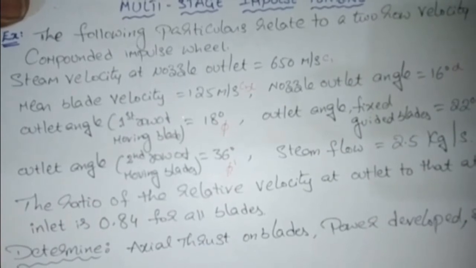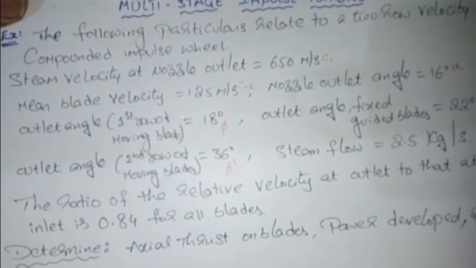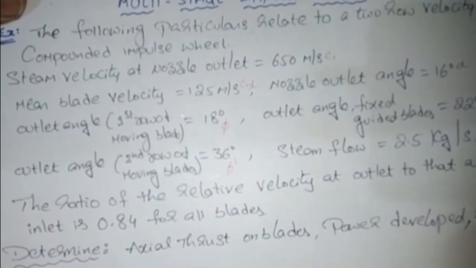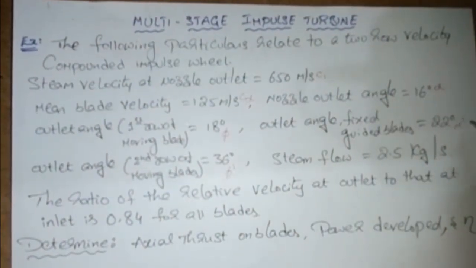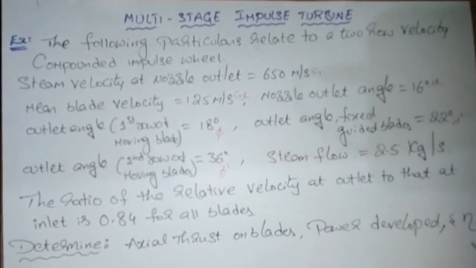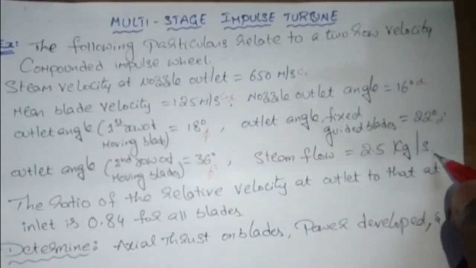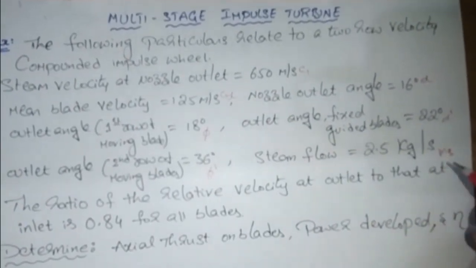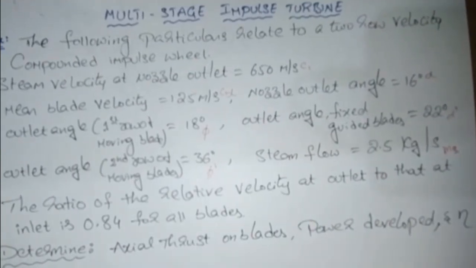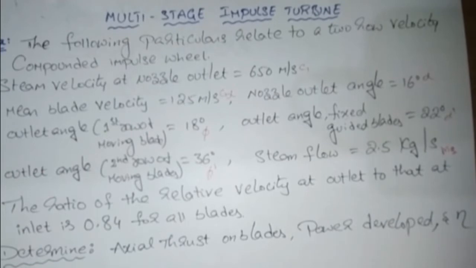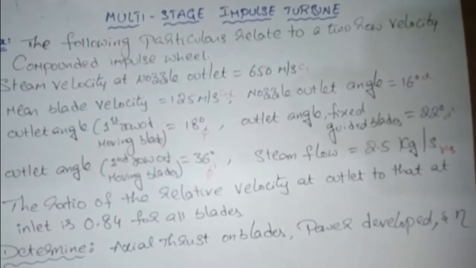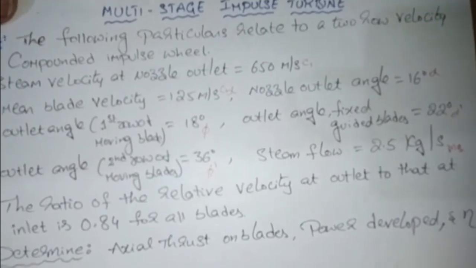Next one is the outlet angle of the fixed guide blades, that is alpha dash. Next, steam flow rate, that is mass, ms or m. Here these are the given values. Next, the ratio of the relative velocity at outlet to that at inlet is 0.84 for all blades.